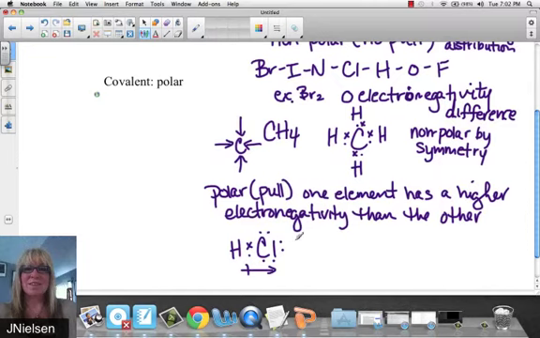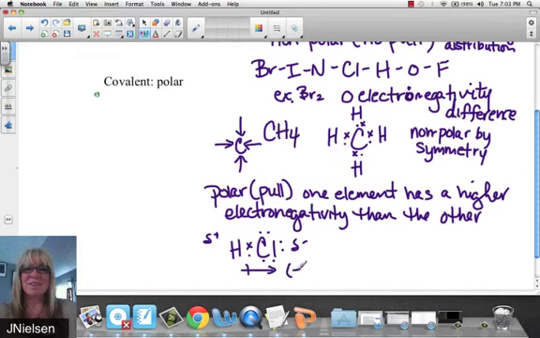Now, what that means is you basically create a dipole moment, and I'll explain this more in class. So because chlorine has a higher electronegativity, it's actually going to pull these electrons closer to chlorine. So this side of the molecule gets a slightly negative charge, and this side gets a slightly positive charge, and those are the symbols that we use.